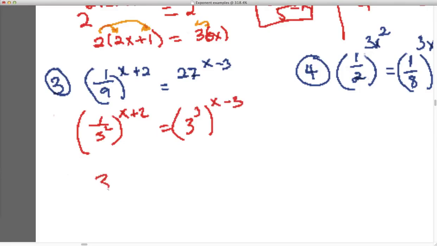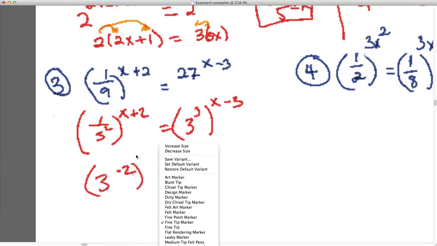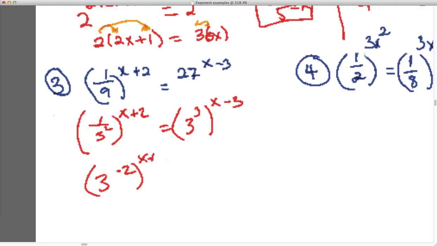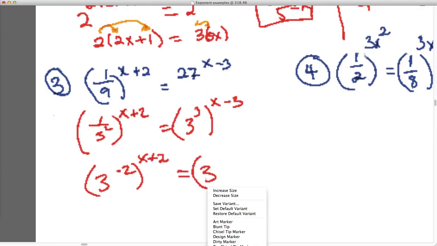So you're going to have 3 to the negative 2 times x plus 2. And actually, if you want, we can raise it first. Let's not skip any steps at all. So 3 to the negative 2. Sorry. Well, I am just pressing that button crazy, aren't I?